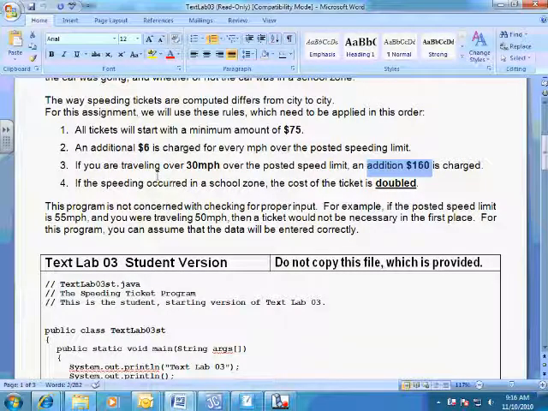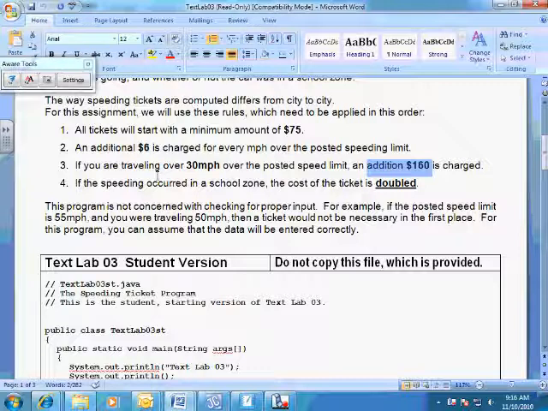So let's look at that. If you're traveling 30 miles per hour over, then we're going to add $160 to that original calculated ticket cost, right? So let's go back and look at how we're going to write that.